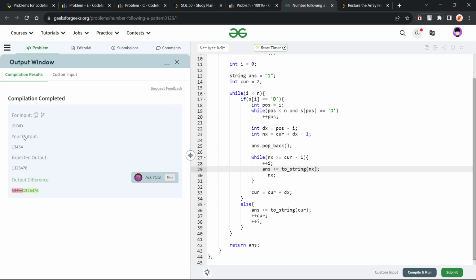What does it say? So we have 1 initially. 1 1 3 4 5 4.